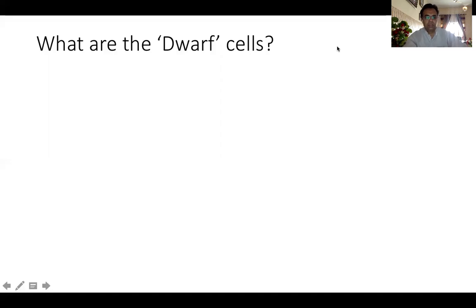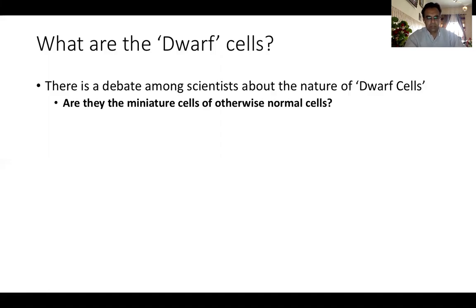While talking about the dwarf cells, if we conclude all our discussion up till now, there is a debate among scientists about the nature of dwarf cells. What are actually dwarf cells?